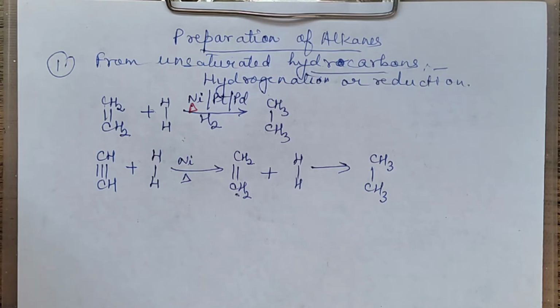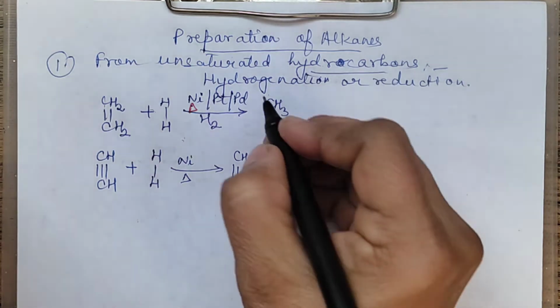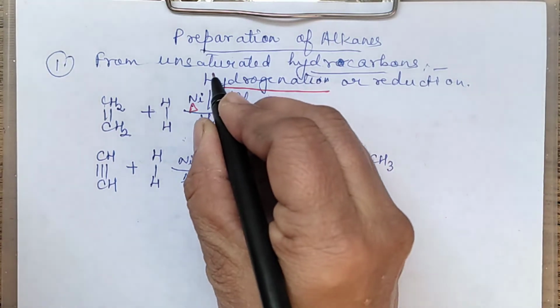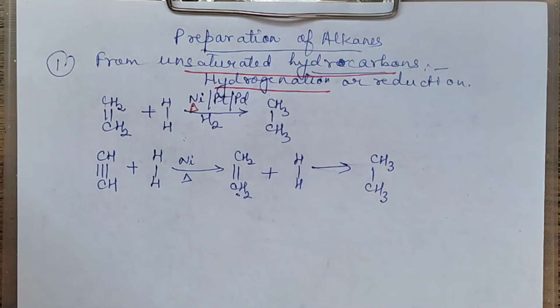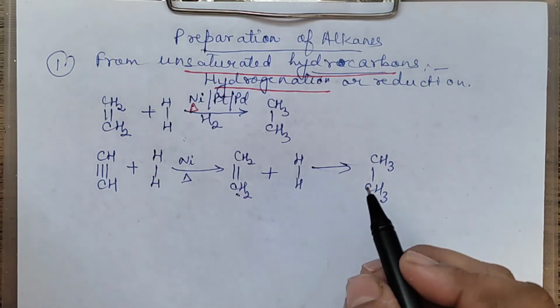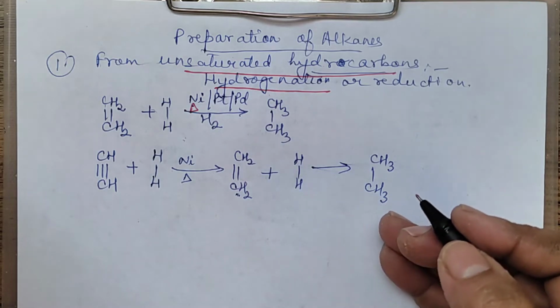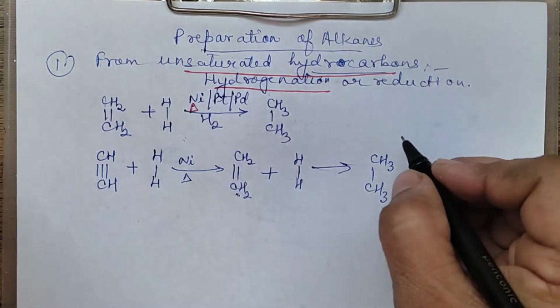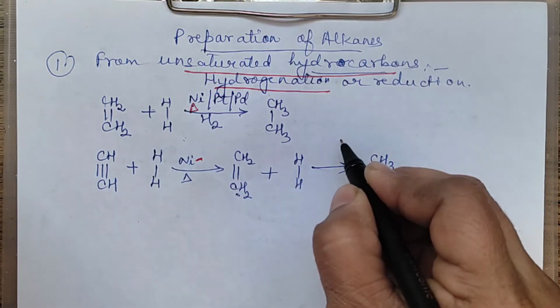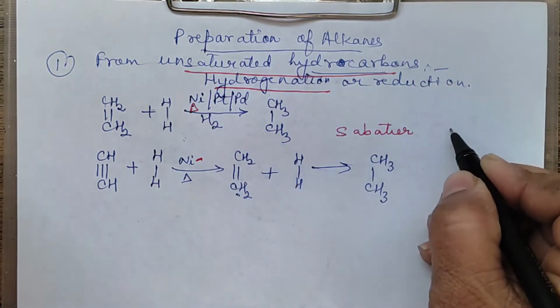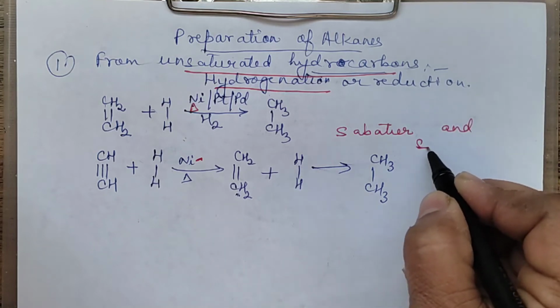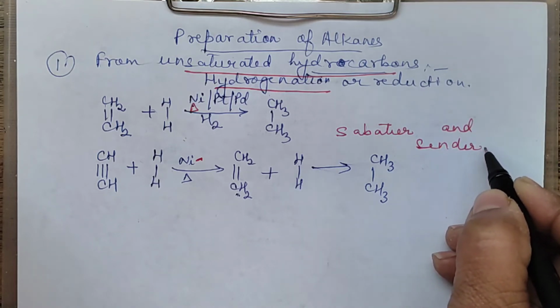Okay, so this is which category of reaction? We will say that it is hydrogenation of unsaturated hydrocarbons, or you can call this as reduction of the unsaturated hydrocarbons, right? And if you are carrying out the addition of hydrogen in the presence of nickel at high temperature, the reaction is also called as Sabatier and Senderen's reaction.